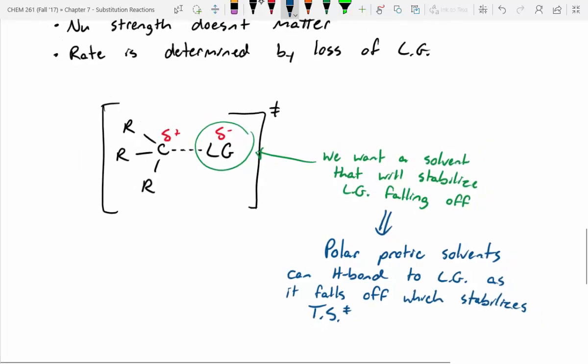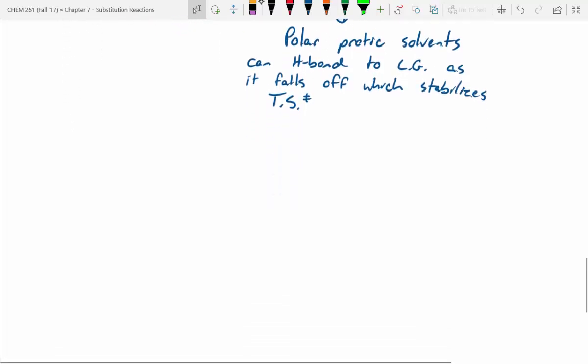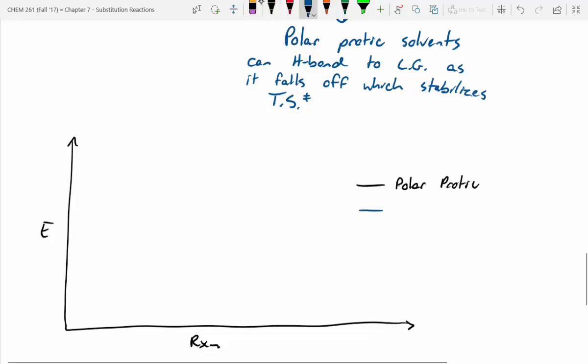So again, we can think about this from a reaction coordinate diagram point of view, where in this case, we're not doing anything to the starting materials. The starting materials are about the same, but what we are doing is lowering that activation energy by stabilizing the transition state. So let's briefly draw that. So same thing here, I'll do polar protic. And then over here, I'll put polar aprotic.